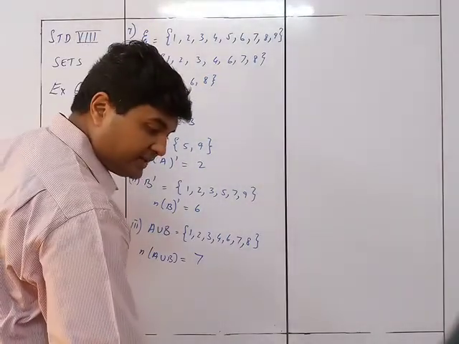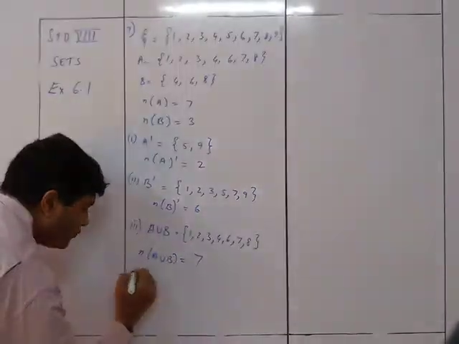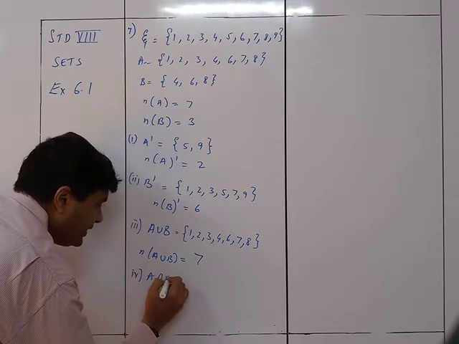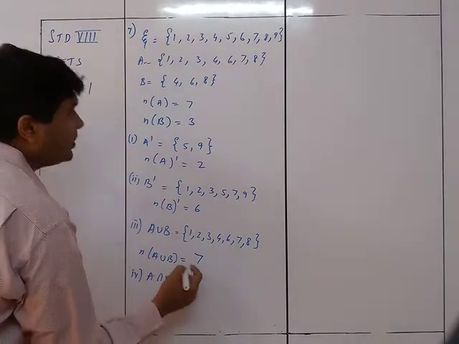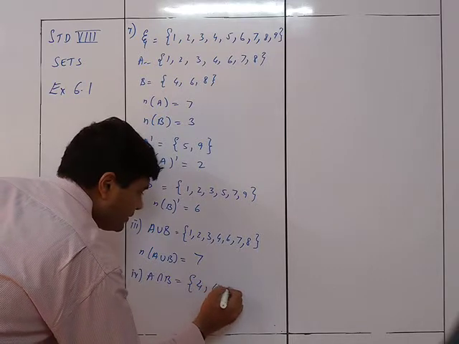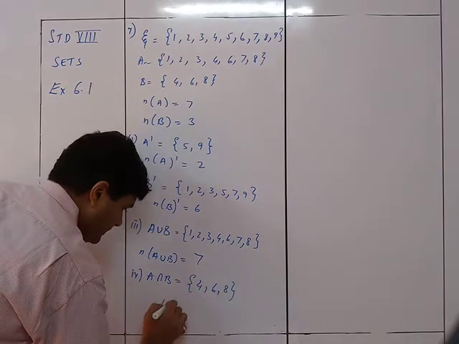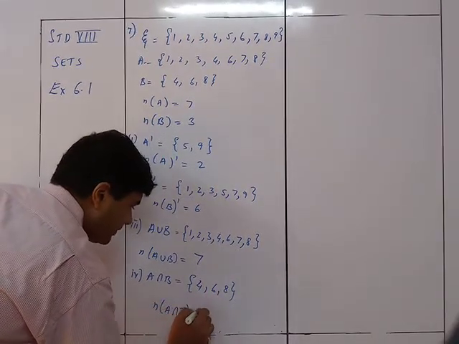The fourth one is A intersection B, which will be B itself, that is 4, 6, 8. So n(A intersection B) is equal to 3.